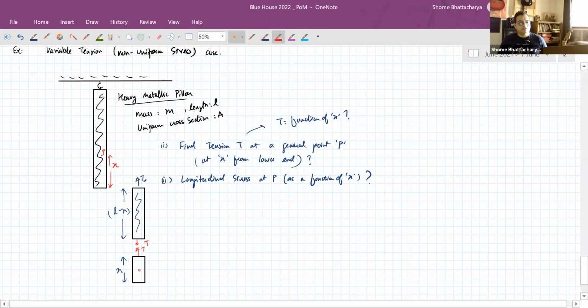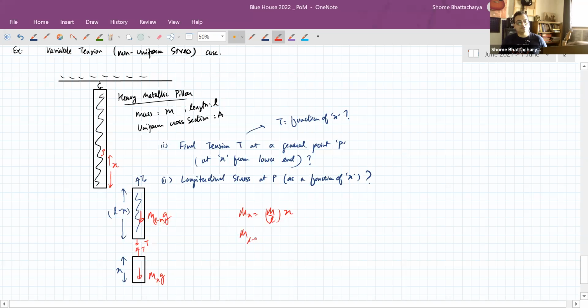Now, let's say this one has a weight of mxg. And this has a weight of, where this is mass per unit length into that distance.